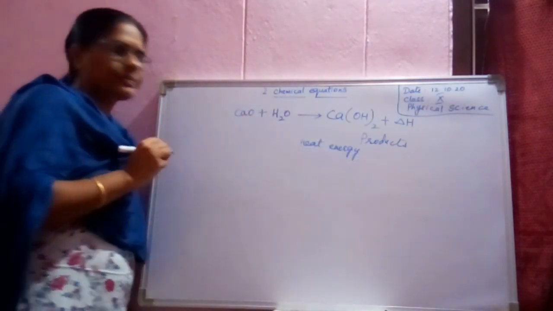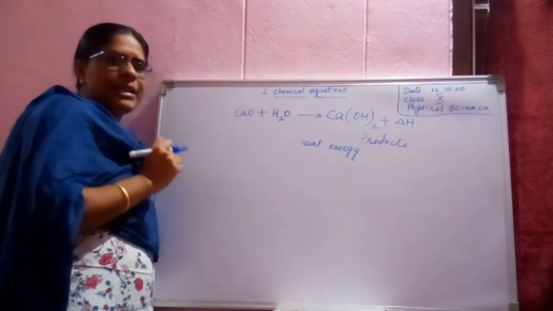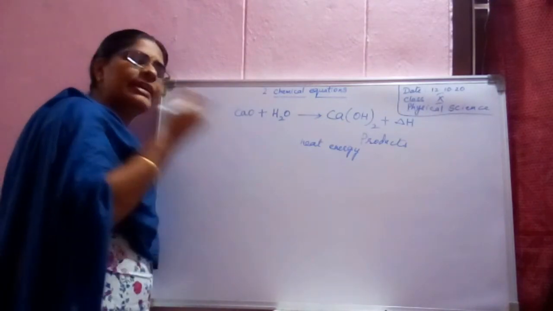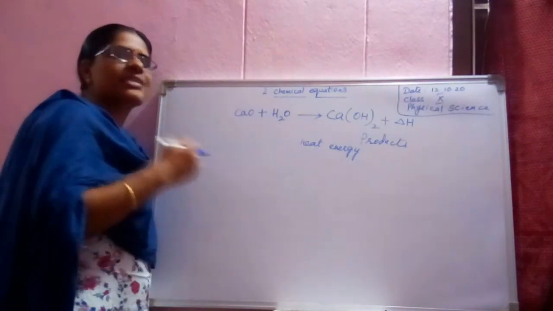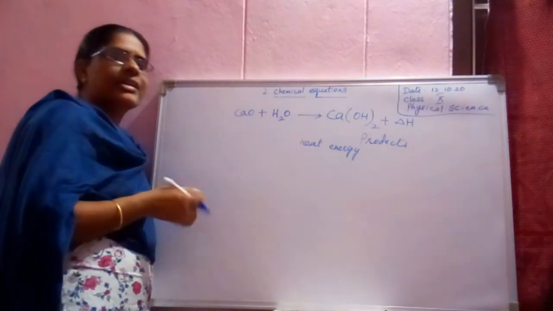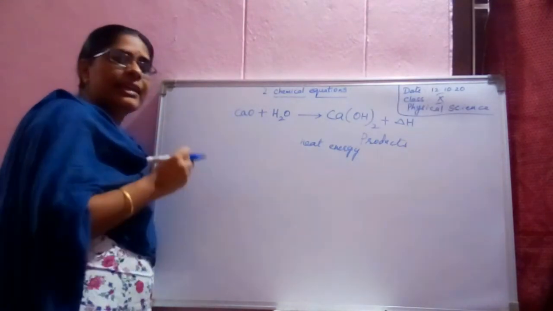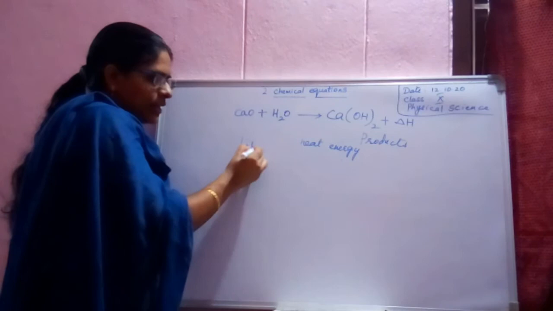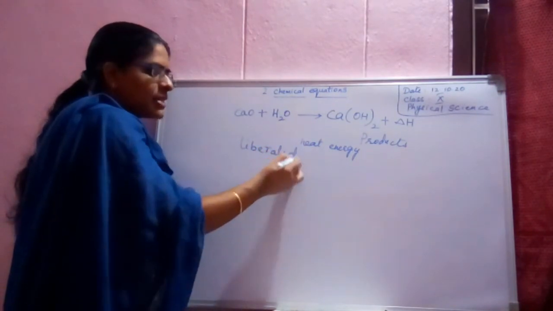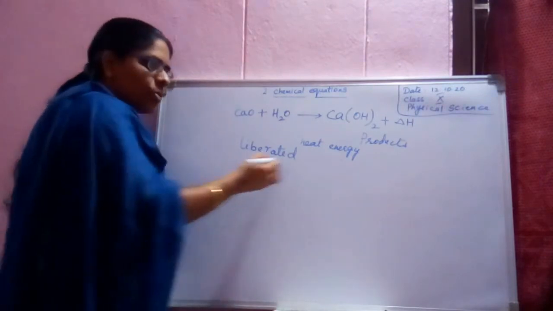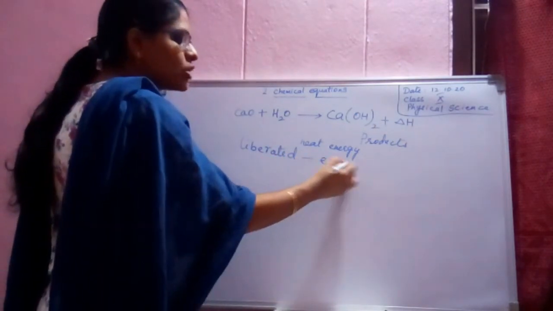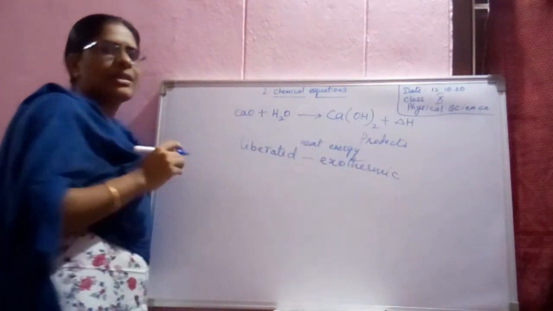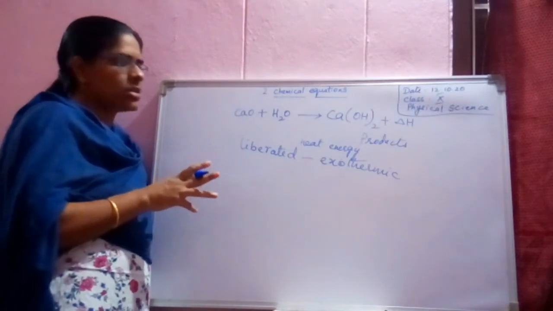See here, in any chemical reaction, you will see either heat is liberated, that means heat is coming out, or in some reactions heat is absorbed. There are two types of reactions.